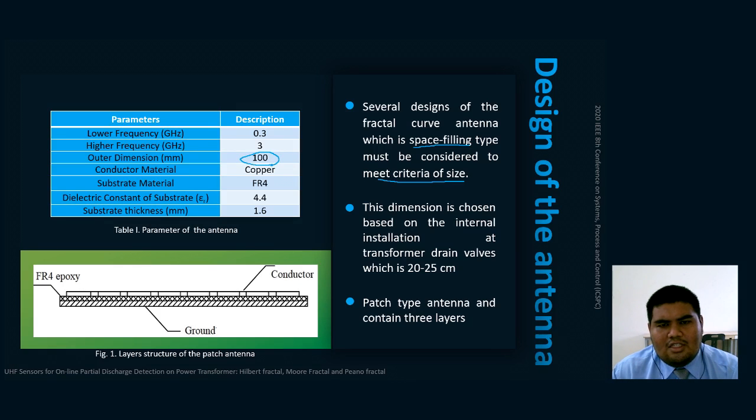This dimension is chosen based on the antenna installation at the transformer drain valve, which is 20 to 25 cm. These antennas are patch type antennas and contain 3 layers: a patch conductor from copper at the upper layer, FR4 substrate at the middle layer, and a ground layer from copper at the bottom layer.